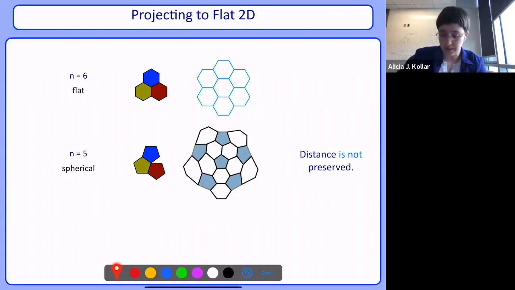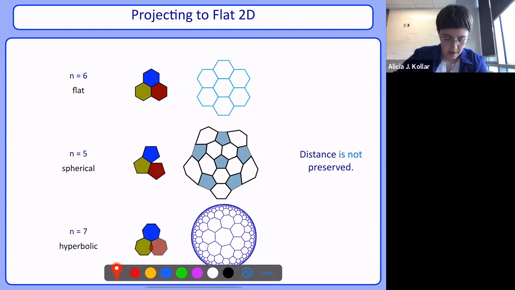I think this is a fact that you are probably very familiar with, that if you take something that is equidistant on the surface of a sphere and you try to flatten it, you cannot do so without changing the distances. In the hyperbolic case, of course, you have the opposite problem: instead of too much space, you have too little space and you have to start shrinking the polygons.